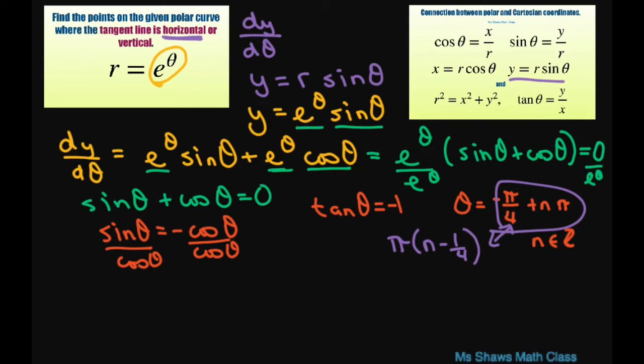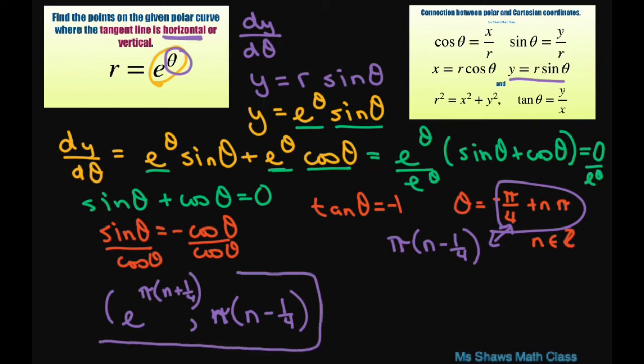So at pi times n minus 1 divided by 4, you just substitute this back into your original equation, and this is going to be e to the power of pi times n minus 1 divided by 4. So that's your horizontal tangent.